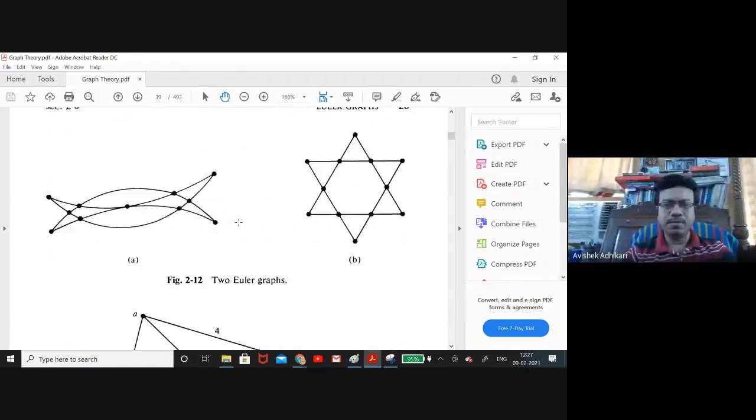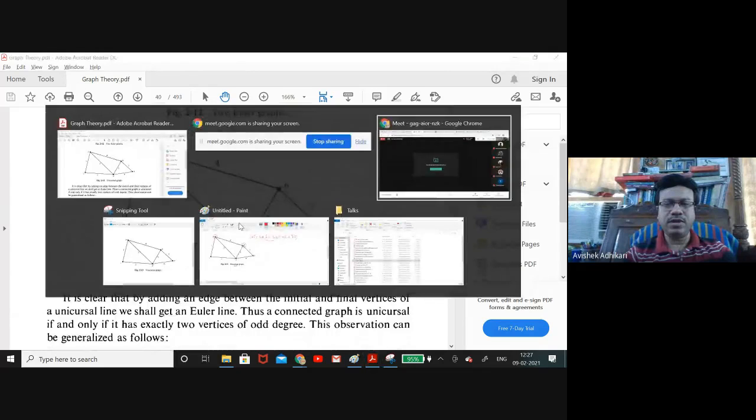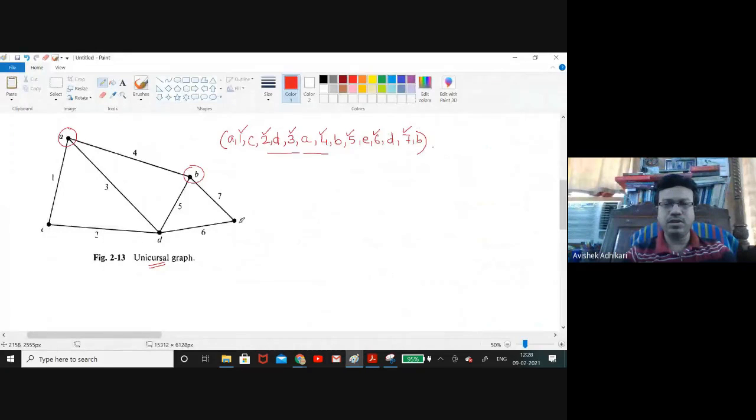For example, here is the example of the graph which I just wrote, where the walk starts with A and ends with B, and it explores all the 7 edges of the graph. So here you can understand that you cannot come back to A having all these properties, exploring all the edges exactly once, because it's not an Eulerian graph.